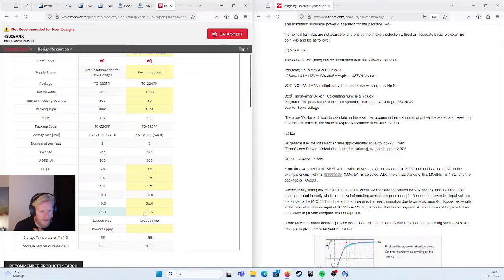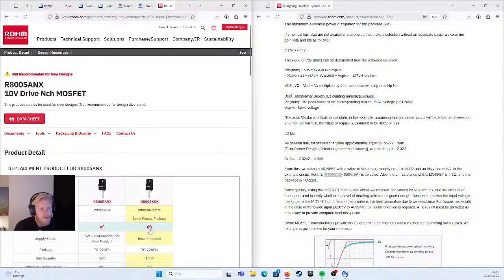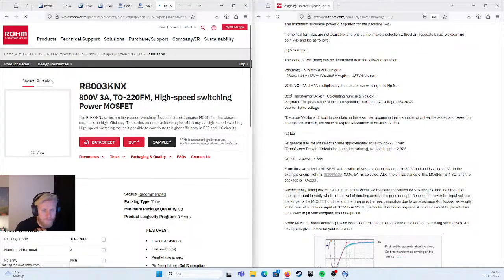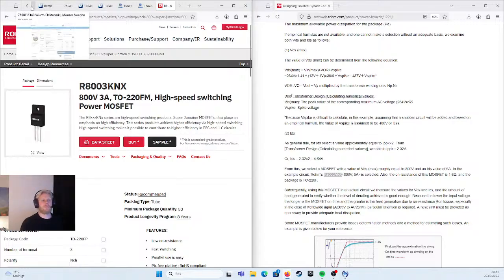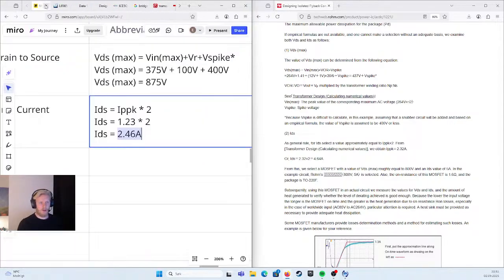And then roughly the same. Not recommended for new designs, but this one is recommended. But yeah, we can look for that ourselves.